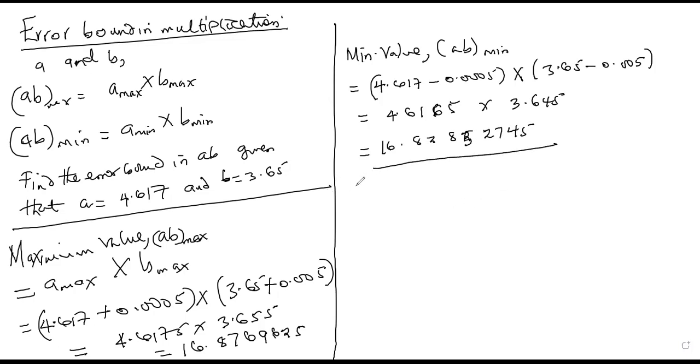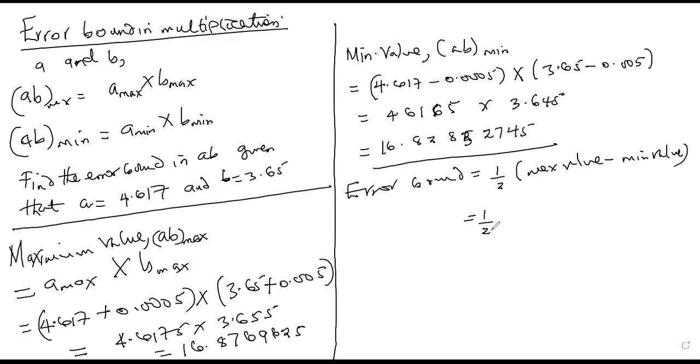Then to get the error bound, the error bound is going to be equal to a half of the maximum value minus the minimum value.